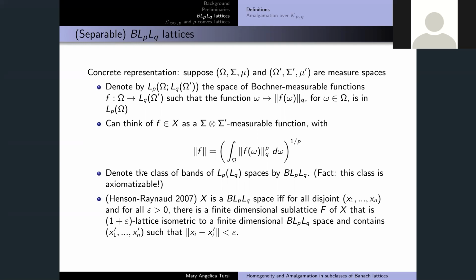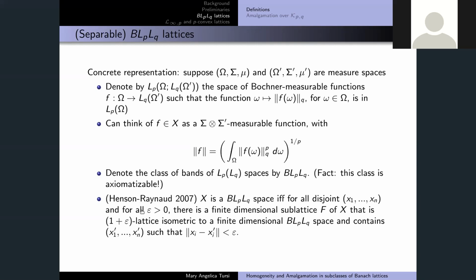And we can also think of these functions f as some Σ times Σ' measurable function, and then the norm is something that looks like this. And now we can take the bands of these LP of LQ spaces, and so think of bands as sublattices that are closed under downward order and for which there exists a lattice projection from the bigger space to the smaller space.